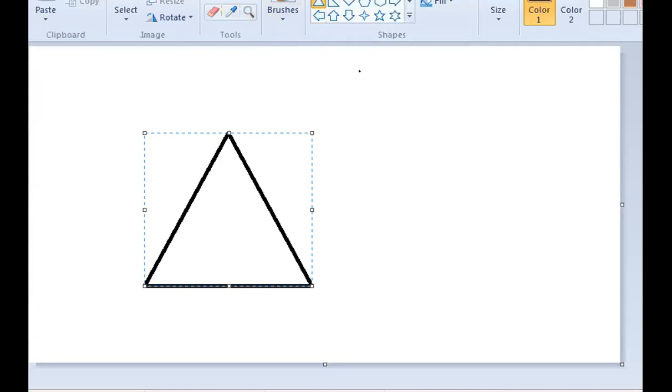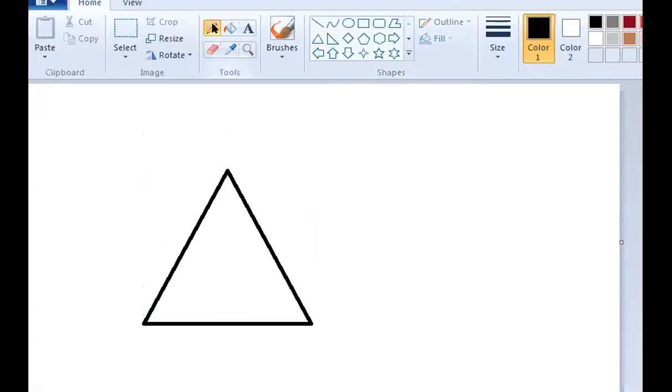Okay, it's our triangle, in which three angles have to be found. Angle A is given as 20 degrees, then angle B, whose size is also given, that is 60 degrees.